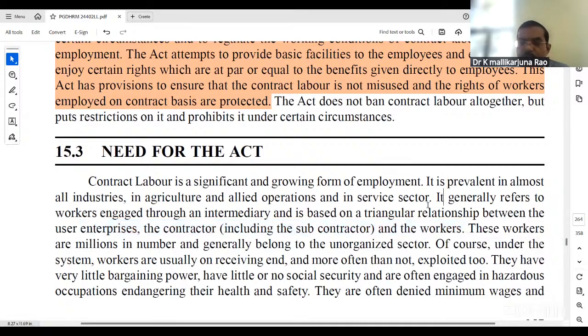So there is a triangular relationship between three parties: the owner, the intermediary, and the laborer. These workers number in the millions.